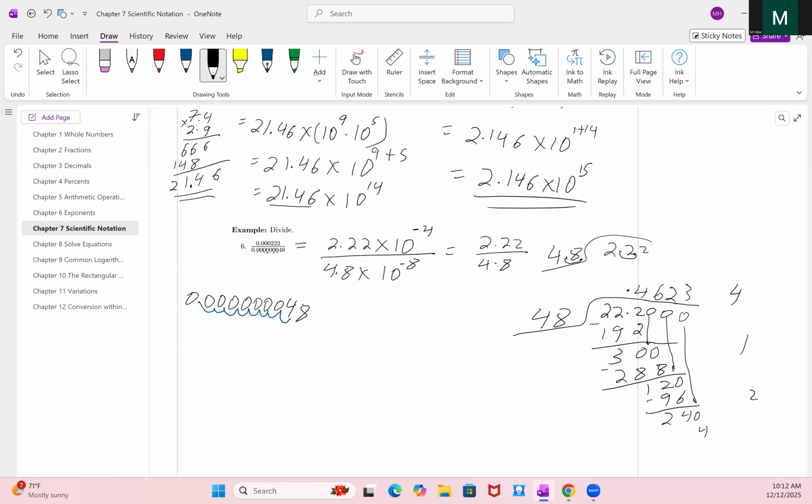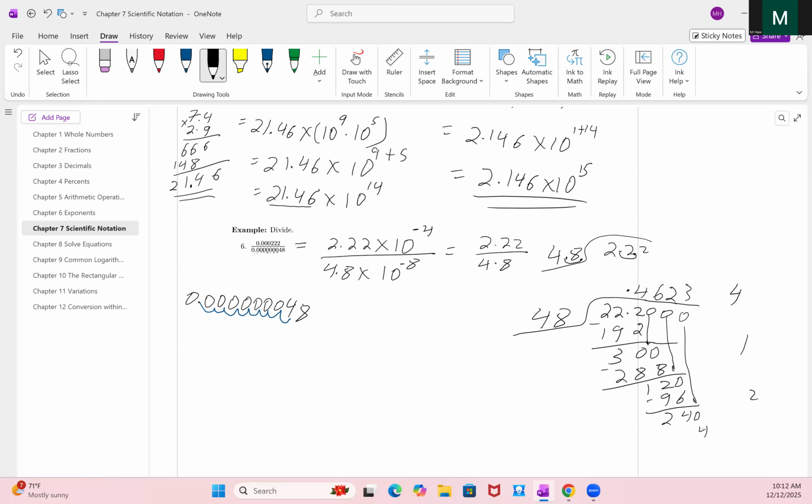So this division here is equal to 0.4625 times 10 to the power of negative 4 over 10 to the power of negative 8. Now for this number, the decimal needs to be between 4 and 6, so we move it to the right one place.